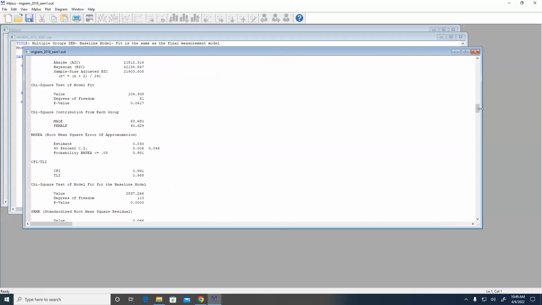Oh, wait. Do you use a Mac? Yeah, a Mac. Okay. I was going to say, because actually in the multiple groups, there are places, I think, where Mplus functions a little differently for Macs and PCs. Yes.